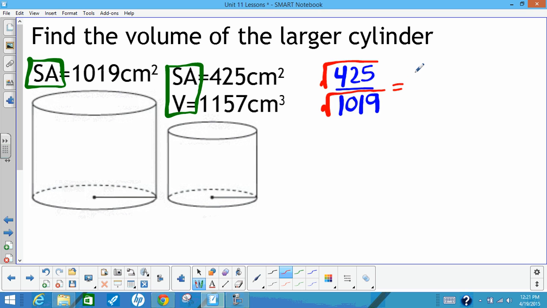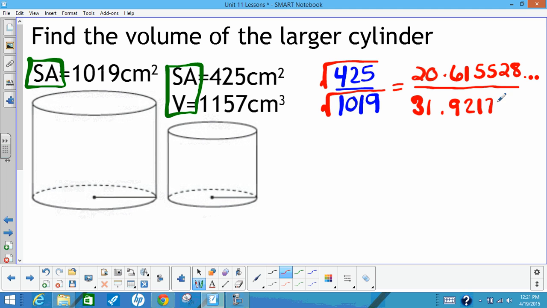And we're going to get some decimals. And I'll go out as far as I can. So this is our scale factor.